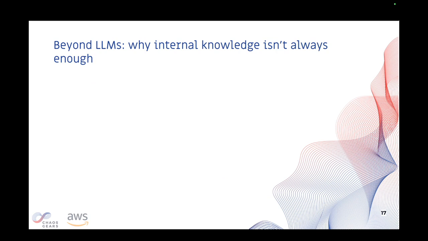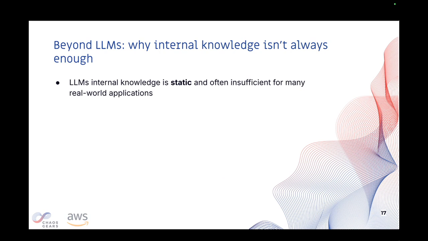So why are LLM-only solutions not enough in real world scenarios? First of all, LLMs are trained on historical, static data, and it might be insufficient for many real-world applications because they don't have access to real-time data like news, or external data that wasn't or isn't public.